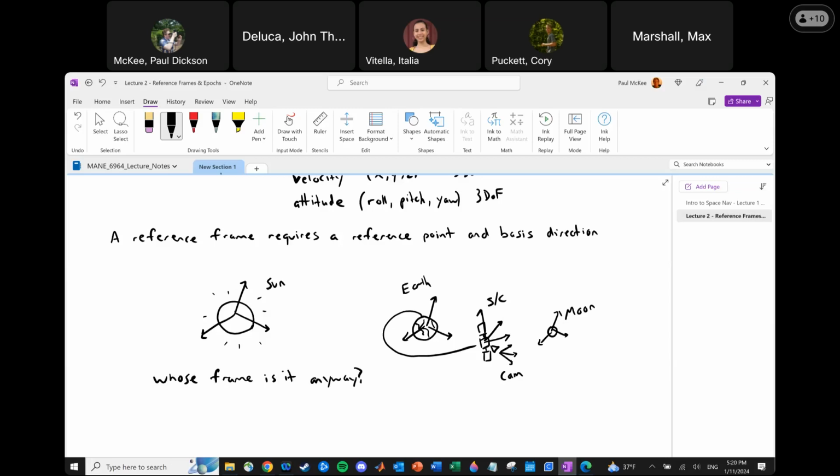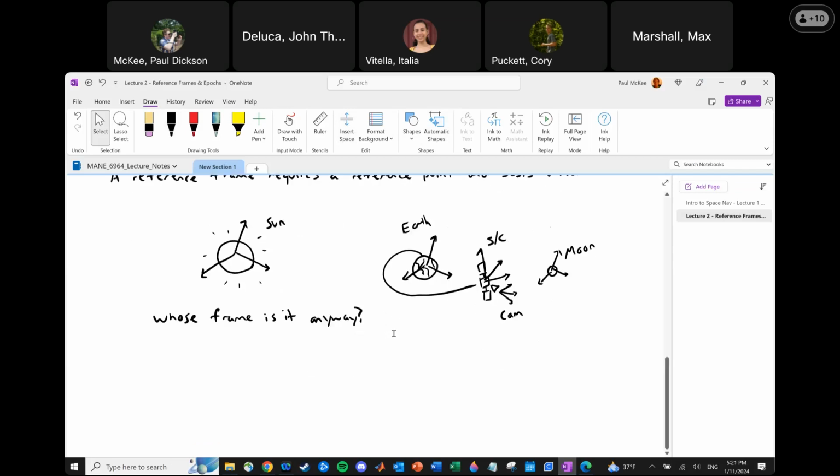So hopefully by the end of today's lecture, the necessity of reference frames should already be pretty straightforward. We need to understand why we need these, and then also how they're defined and what the common reference frames are.